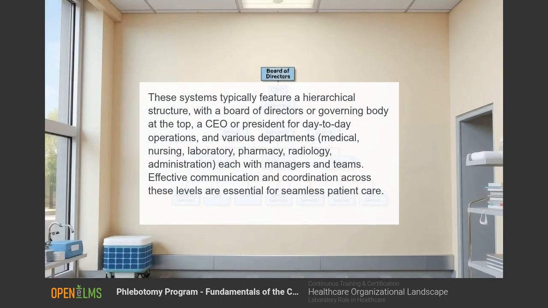These systems typically feature a hierarchical structure, with a board of directors or governing body at the top, a CEO or president for day-to-day operations, and various departments: medical, nursing, laboratory, pharmacy, radiology, administration.